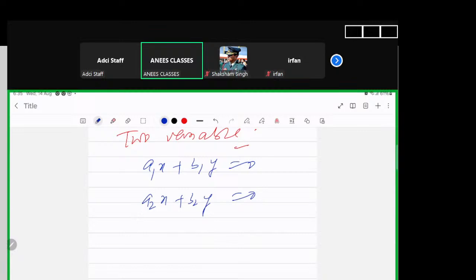Here delta is equal to determinant a1 b1 a2 b2. Same case: delta equal to 0 non-trivial, delta not equal to 0 trivial.